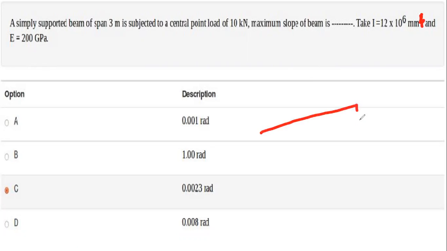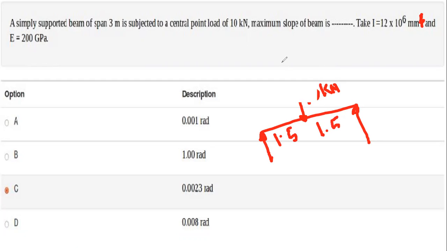Now, what have they given? They have given the standard case of a simply supported beam, subjected to a central point load of 10 kilonewton. The total span is L, so this is 1.5 meter, and this is also 1.5 meter. And we have to find out the maximum slope.